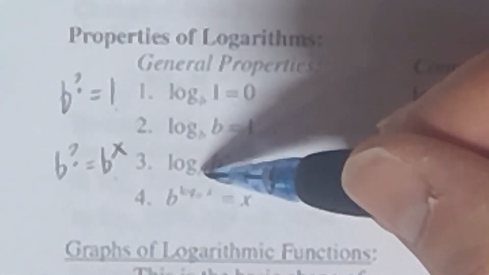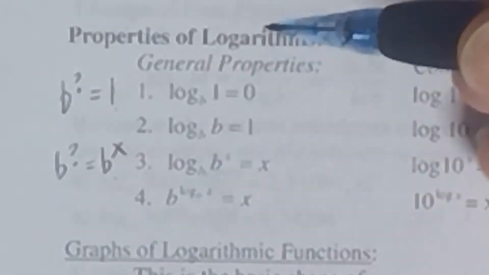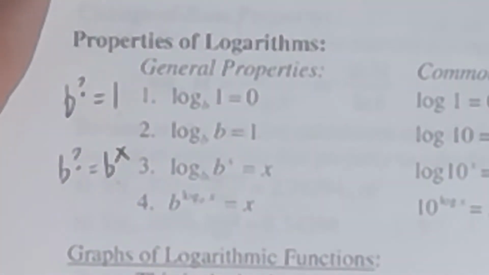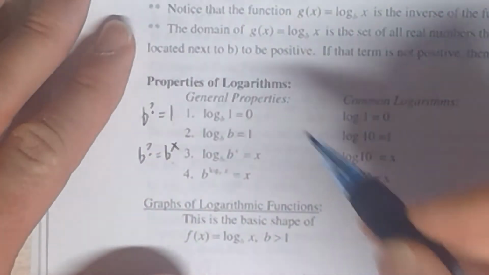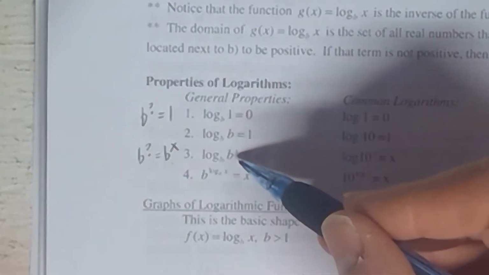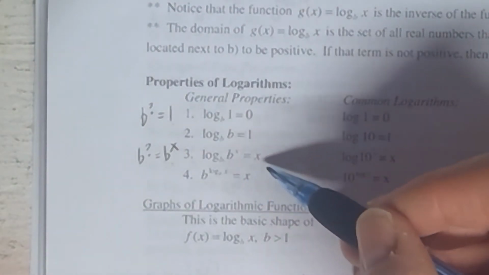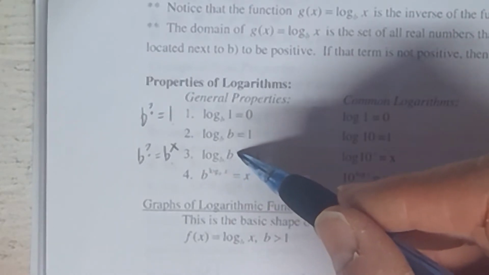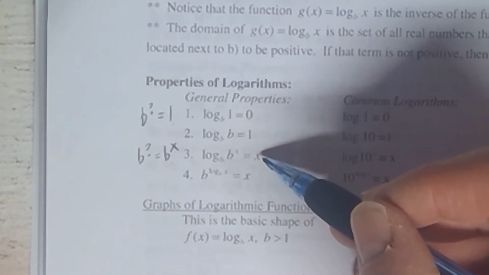For example, let's say that base was 3, and inside the product term you had 3 to the second power. Then the power is your answer. So 3 and 3 to the second would give you an answer of 2.